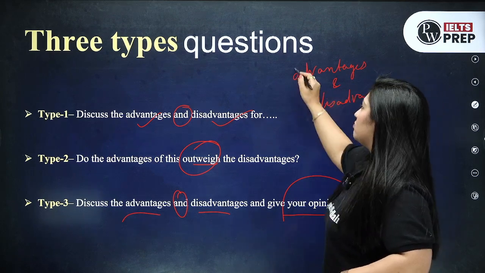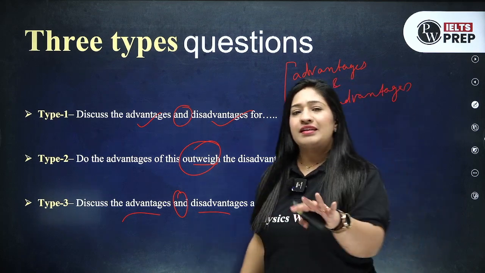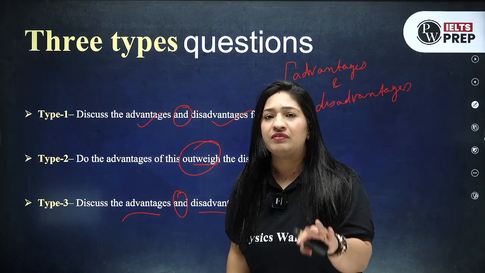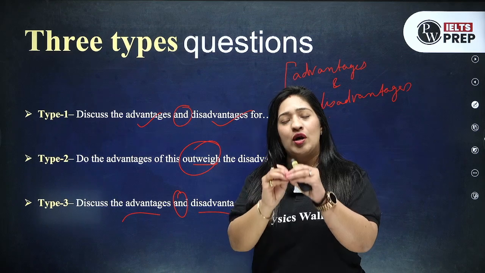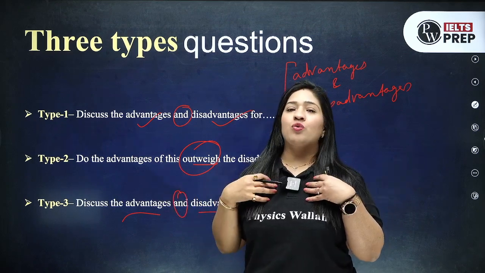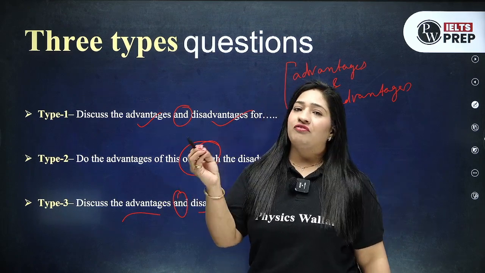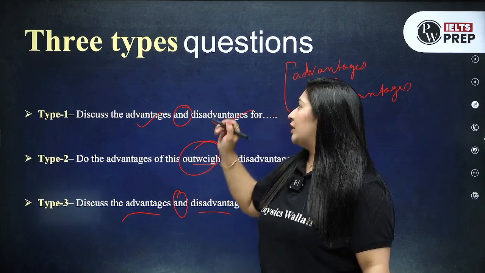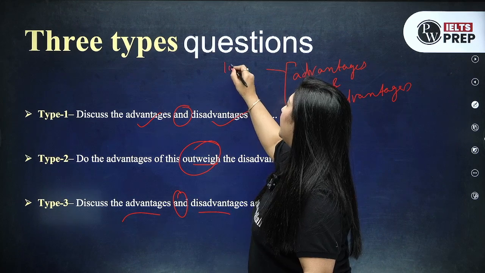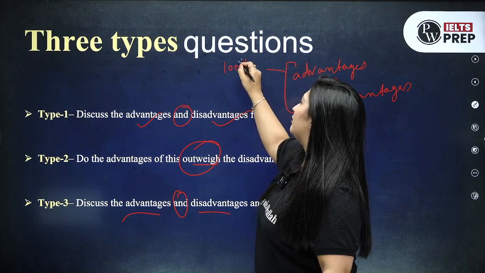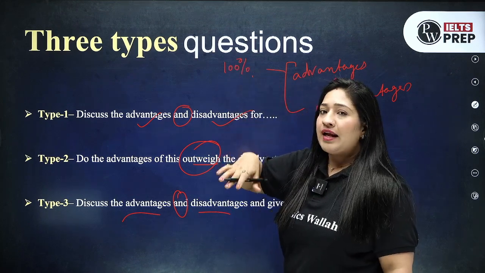Let's suppose, see, here nothing is impossible. If you believe that this particular situation has only advantages, and you do not find any disadvantage, you are free to write a one-sided essay also, 100% advantages. You can do that.